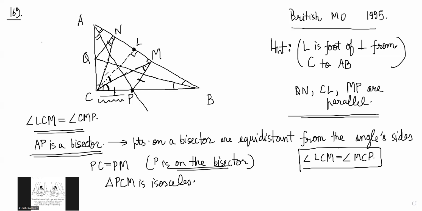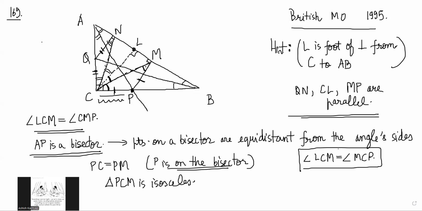This angle will be equal to this angle. And again, you can say that since BQ is a bisector, QN is equal to QC, right? Yes. And therefore, this angle is also equal to this angle.